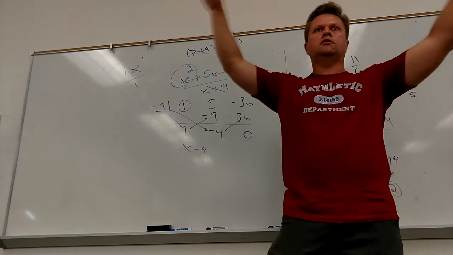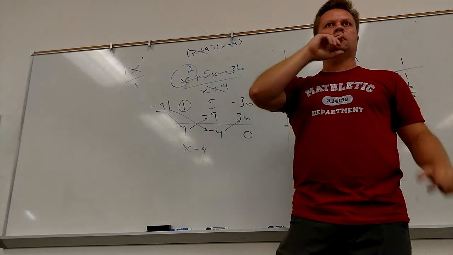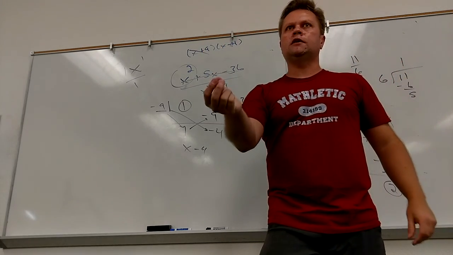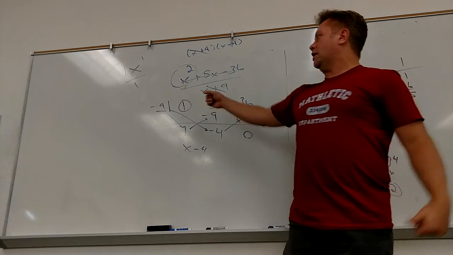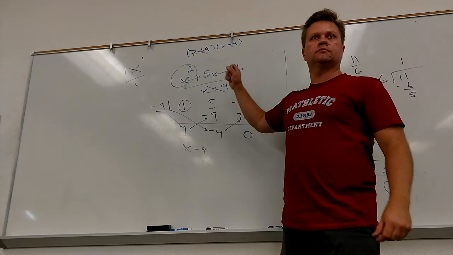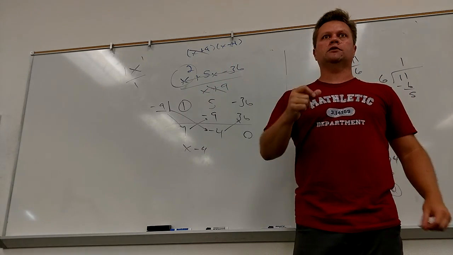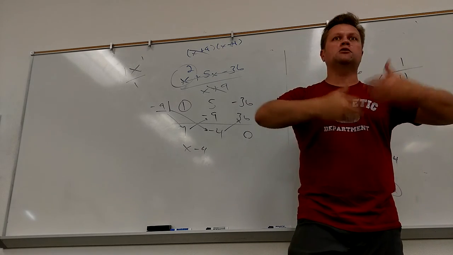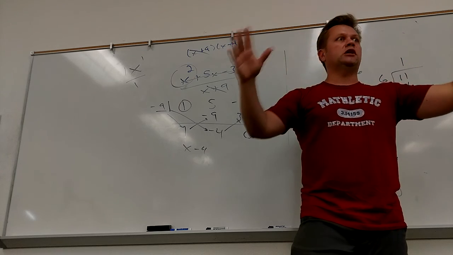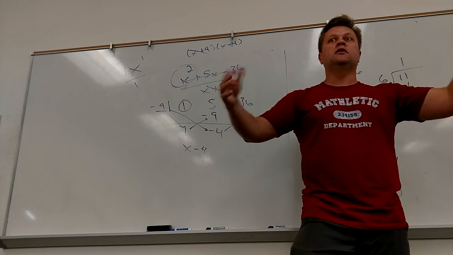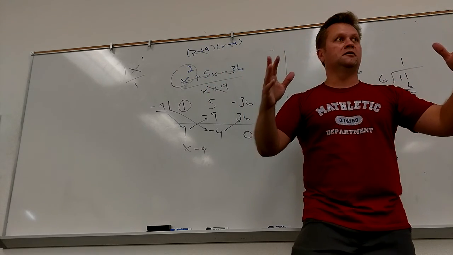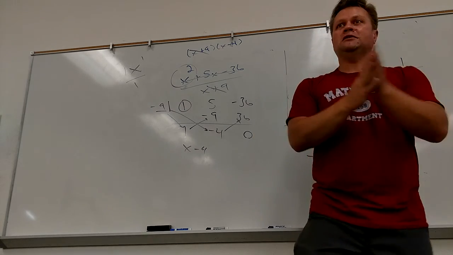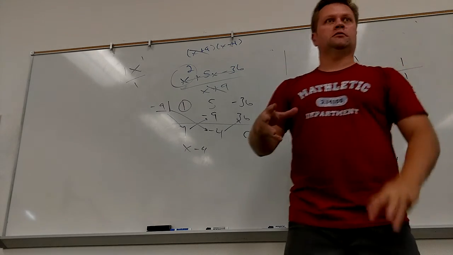We have to do long division. You can't do synthetic. Why is synthetic so easy? Because it only works when the bottom is x plus or minus something. That's the only time it directly works. Now, if you go much further in math, you can get to a point where you realize you can do some adjustments and make it work for more things. Those adjustments are a little bit freaky, so we don't talk about them yet, but there are some more things you could do.